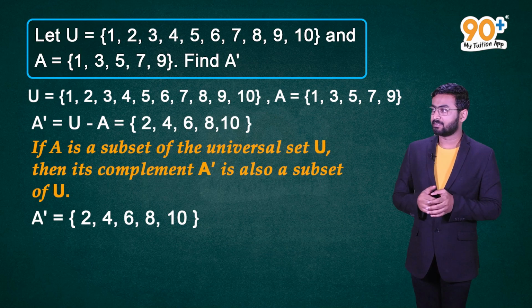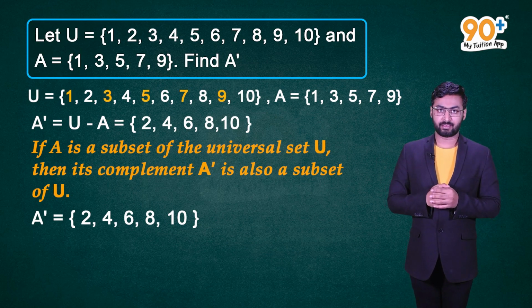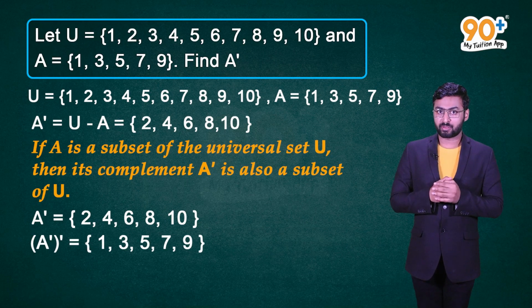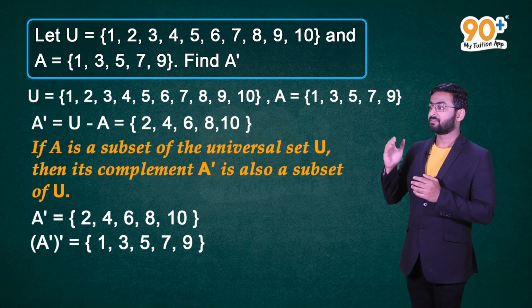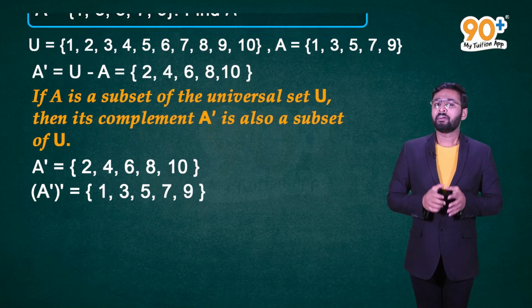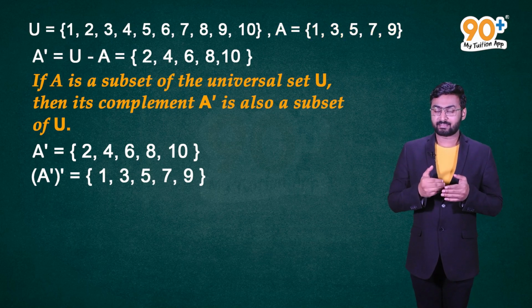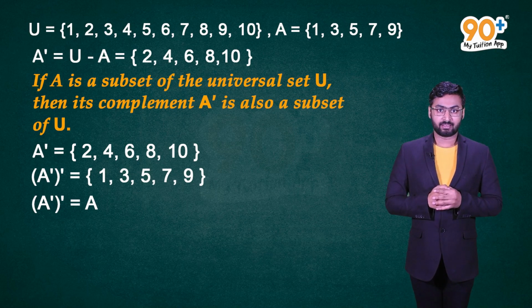We can see that they are 1, 3, 5, 7 and 9. So, we can write A complement the whole complement is equal to set 1, 3, 5, 7 and 9, which is nothing but set A. So we can say that A complement the whole complement is equal to A.